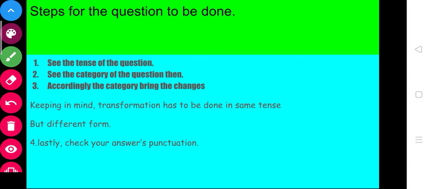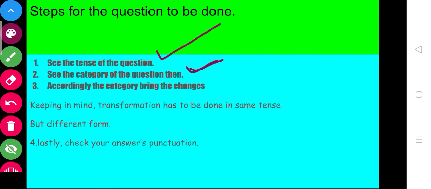But the thing is, you need to know what kind of question is asked. Are they asking me to change that into a compound sentence or a complex sentence, or what kind of question is asked? That is also of great concern. First thing is the tense. And the second thing is the category of the question. What kind of question is it?